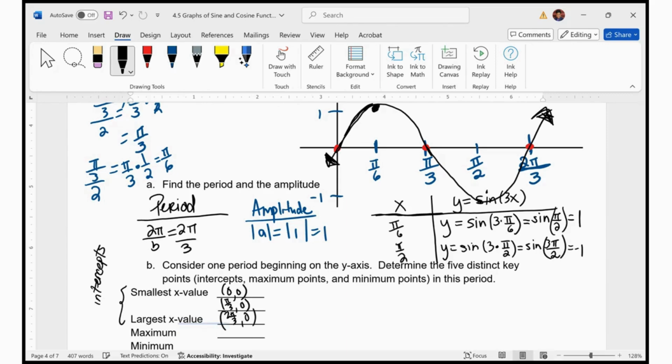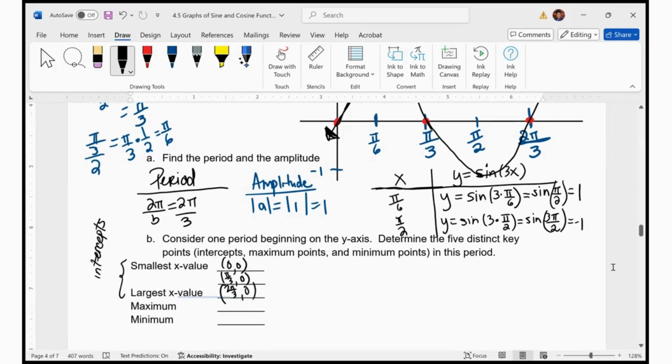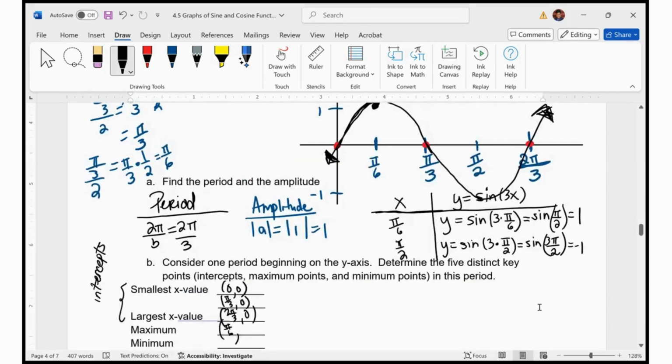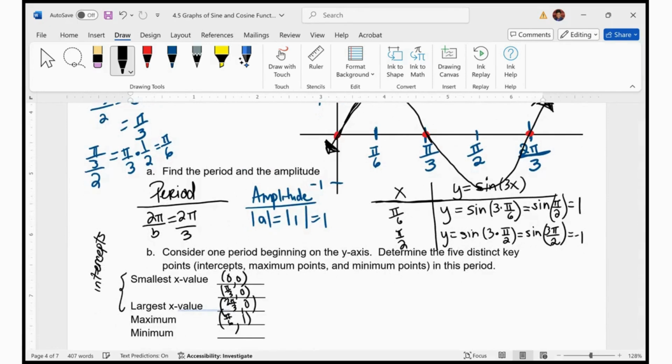All right, and the maximum value is what? What is the maximum value? Pi over 6. What else? Maximum point. All right, and then minimum.